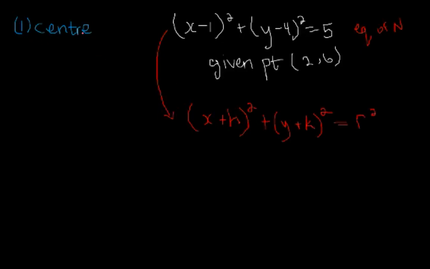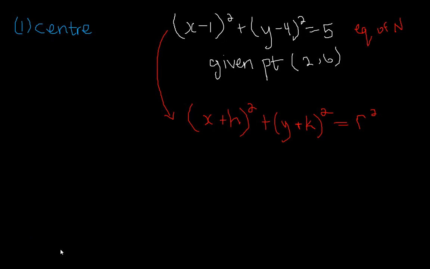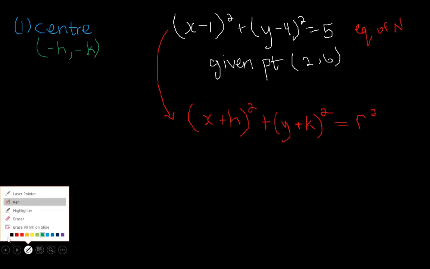Remember, the first step, we're trying to identify what the center is. And we already did this in class. To find the center, we know that it has the coordinates minus h and minus k. So what you need to do first is identify h and identify k.